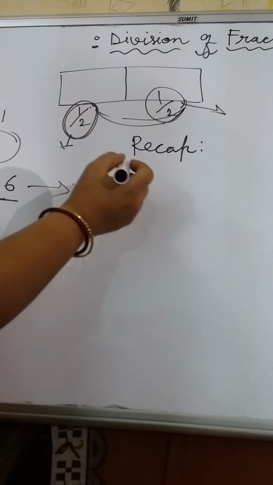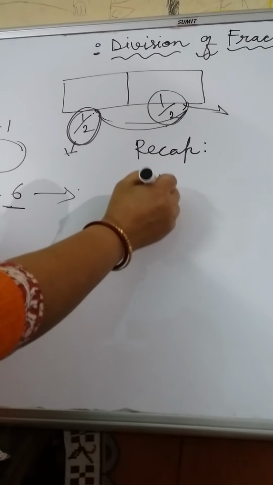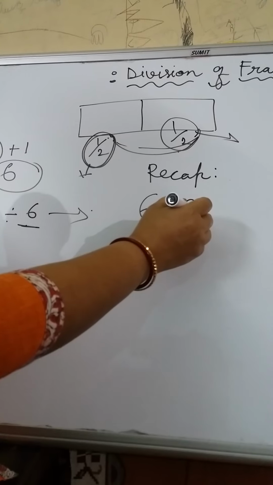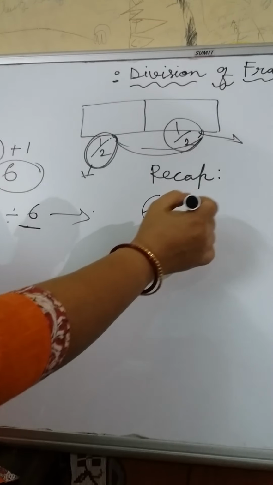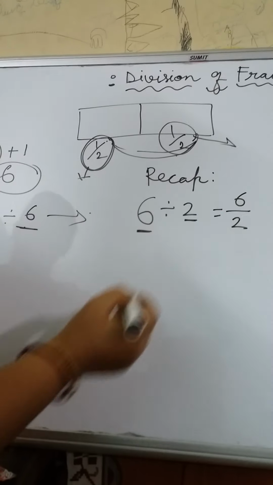Whenever we divide a whole number by a whole number, say 6 divided by 2. 6 is a whole number, 2 is a whole number. When I divide, what can I write? 6 by 2.